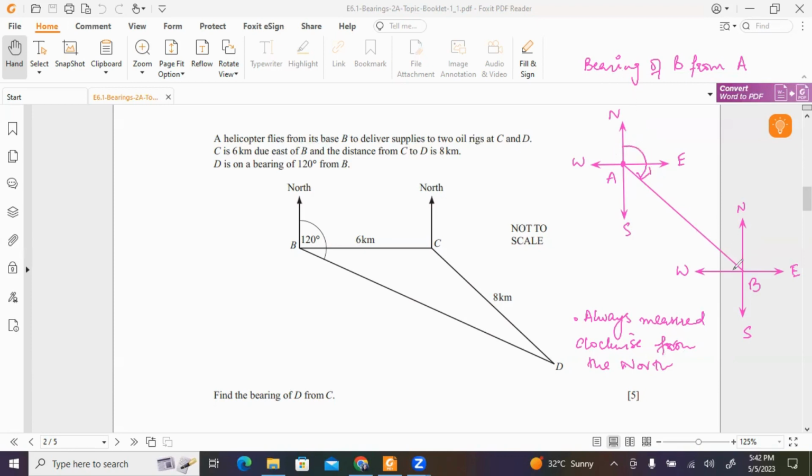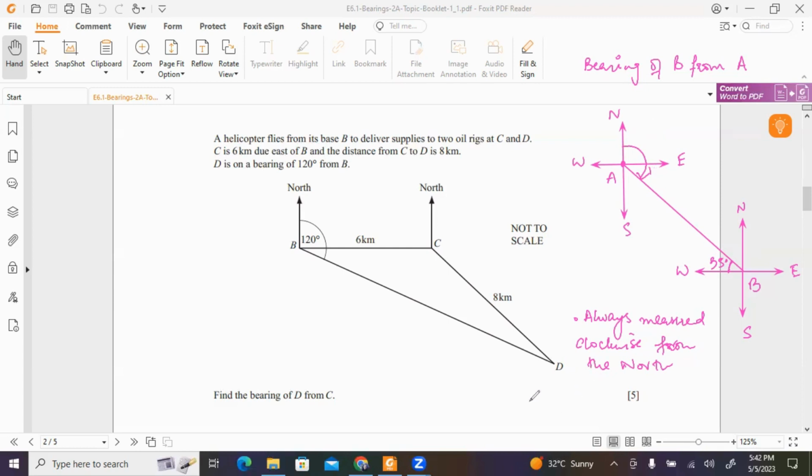Okay. So if, for example, in the question they've told us that this angle over here is 35, just assuming this is 35, and they want us to find the bearing of A from B. You need to remember that the bearing will always be measured from the north, in the clockwise direction.